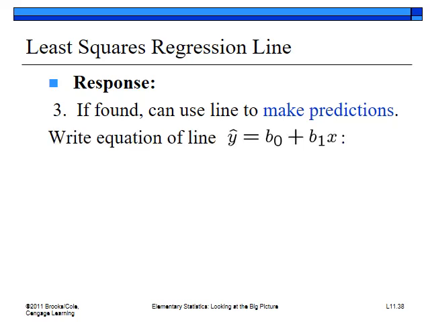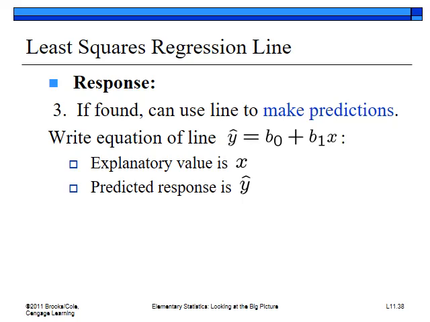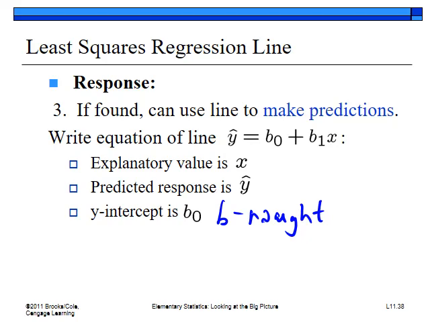So if we write the equation of the line this way, y hat equals b sub 0 plus b sub 1 times x. Here, x is the explanatory variable. Y hat is the predicted response. B sub 0, or B naught, is the y-intercept.